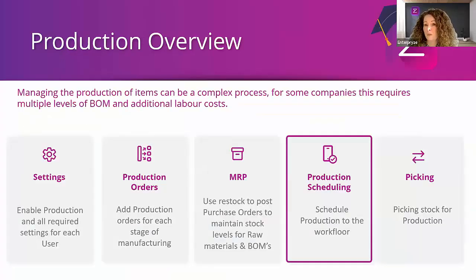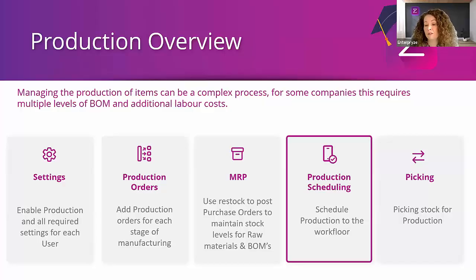So production scheduling. What does that mean? This is your way of putting those productions into production and scheduling those in the diary and creating the visibility around the different engineers or different route users. And those route users might be machines. So you might have machine 1, 2, and 3, relating to, let's say, the production area within the warehouse.